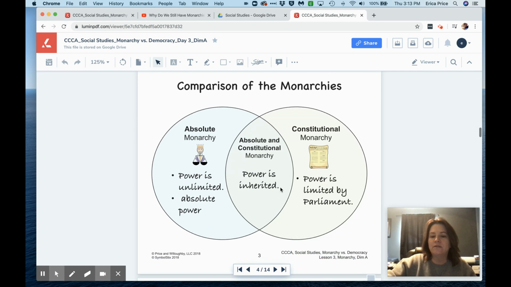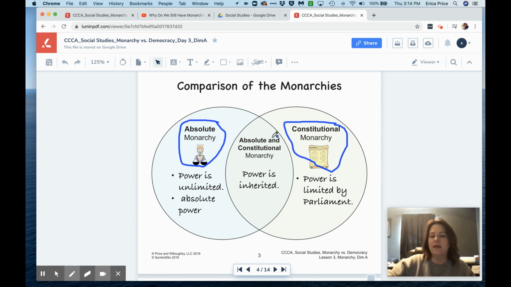We have this little Venn diagram here to compare the monarchies. Here we have the absolute monarchy, and here we have the constitutional monarchy. In an absolute monarchy, the power is unlimited. They have absolute power. They are in complete control. In a constitutional monarchy, power is limited by Parliament.